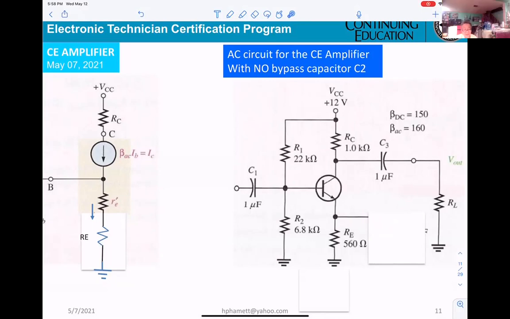But now there's no bypass. What happens? The gain is reduced. That's what I want you to memorize. When you have a bypass, the gain will be increased. However, with no bypass, the gain will go down.